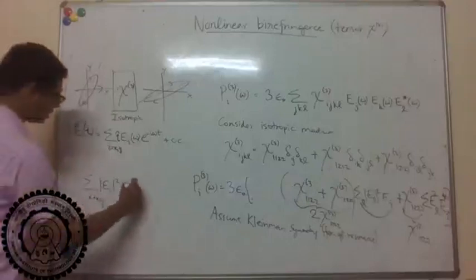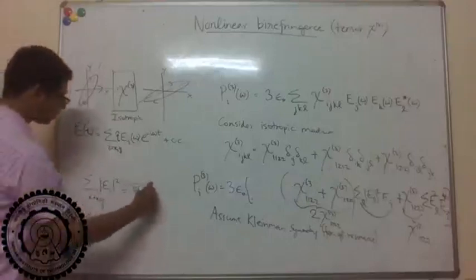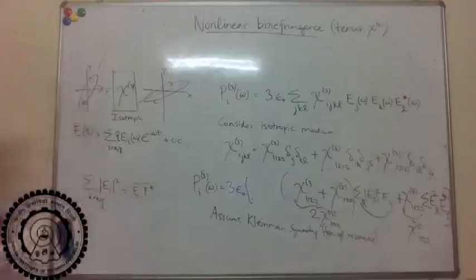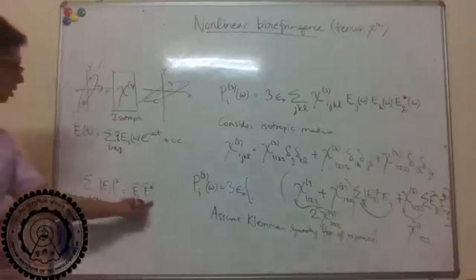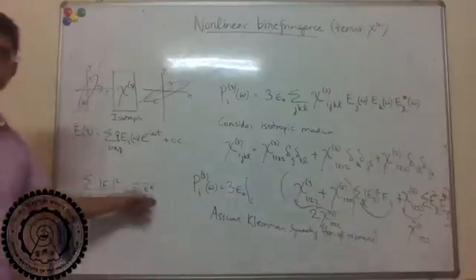This is just E dot E star. Right, so this is mod of Ex square plus mod of Ey square, which you can see is just E dot E star.